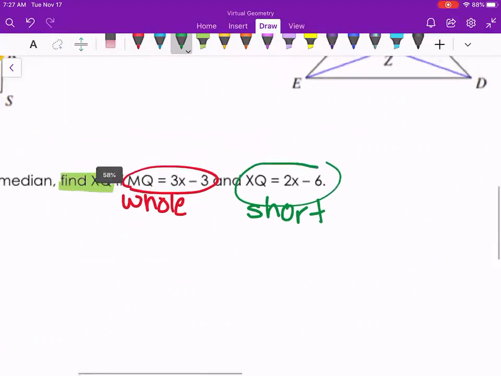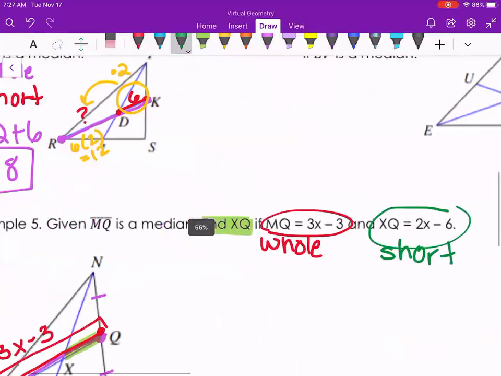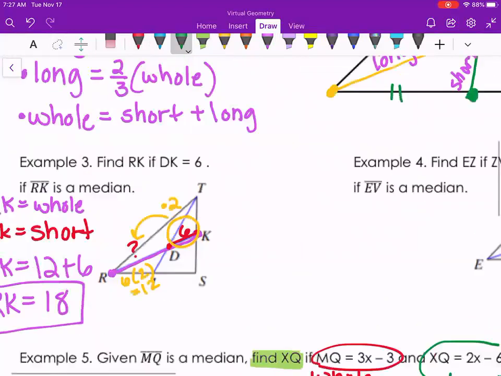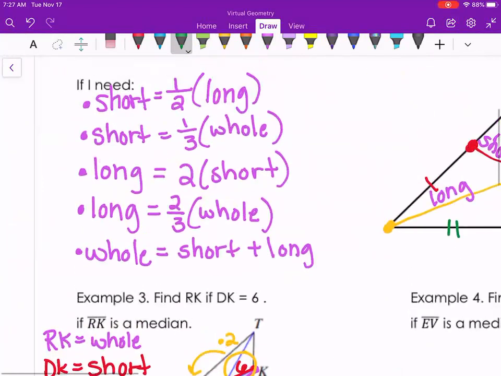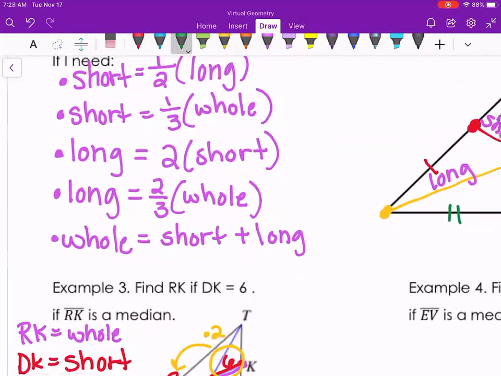So let's go in and take a look and review those formulas for a second. So we're trying to figure out just X. So we need a formula that uses both the whole and the short. All right, and there it is. Short is 1/3 times the whole length.